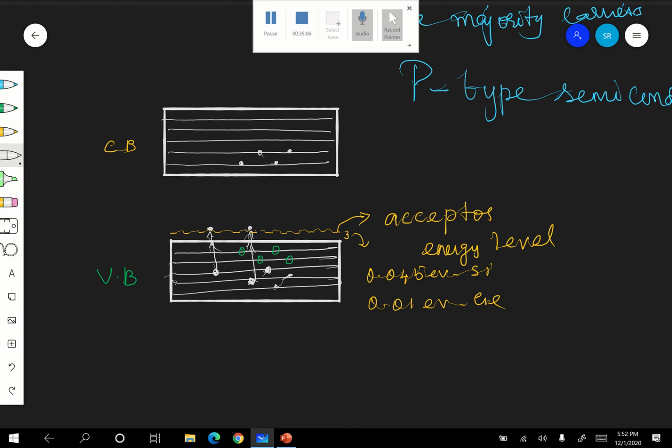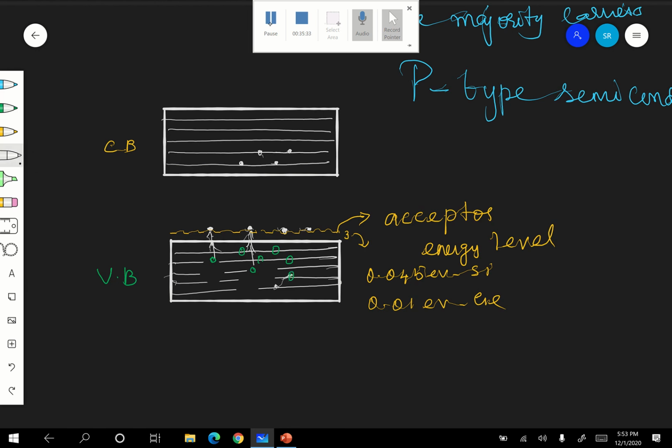From here they jump and become available in the acceptor energy level. Once it jumps there, it is no more an electron but a hole. Extra holes are produced. After jumping, it becomes a hole here.